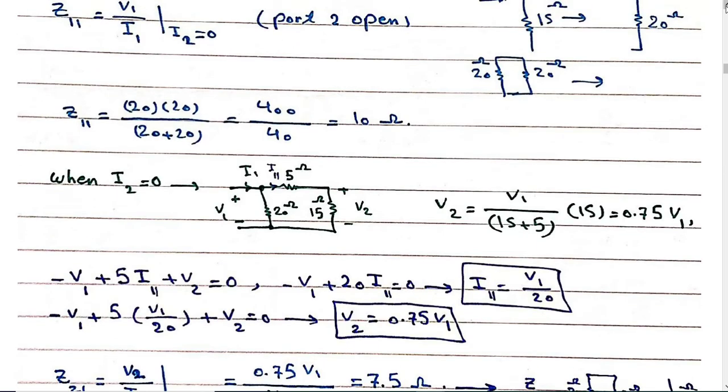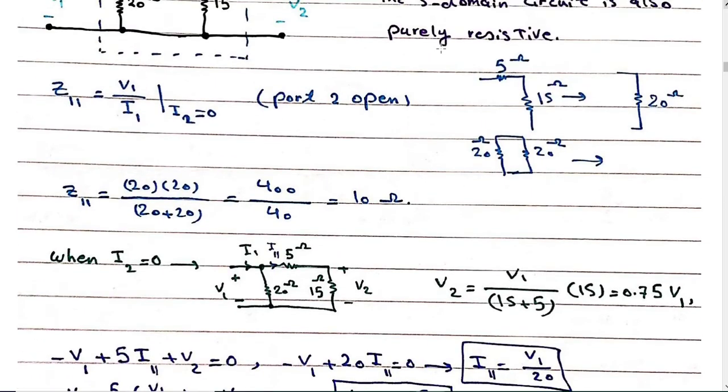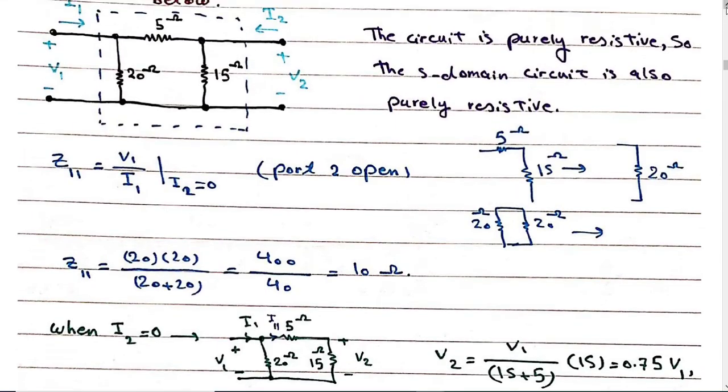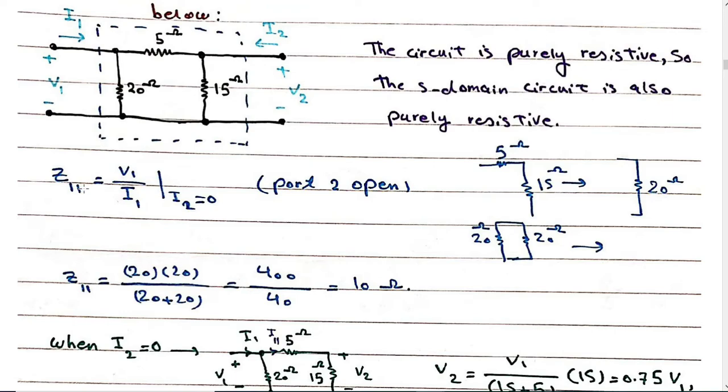Where did you get the V1 voltage 20 by 20? Which line? This line? Yeah, this is Z11, the equivalent resistance. One more time: for Z11, we use this equation when port 2 is open, or I2 is 0.